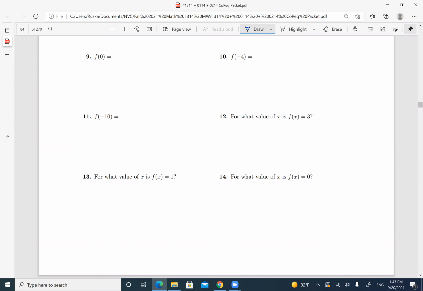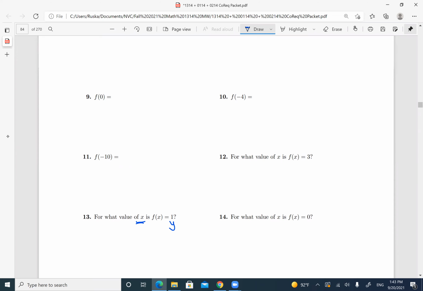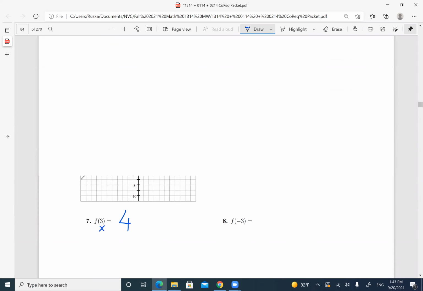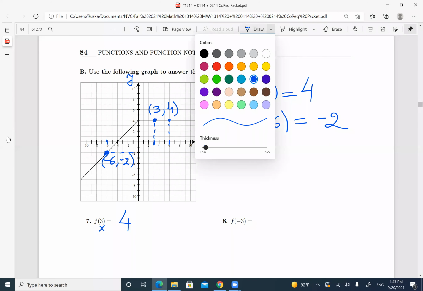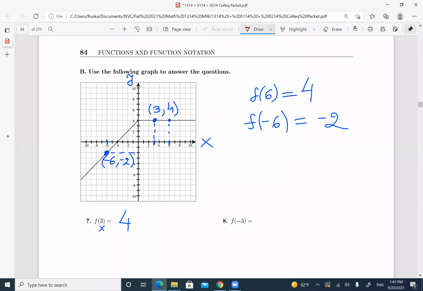Here they ask me to find x, and we are given f of x is equal to 1. So 1 is actually the y, right? We're going to do the same. We're going to go to the graph and see when y is 1. Let's look at the y now. We're going to start with the y coordinate. y is 1 right here.